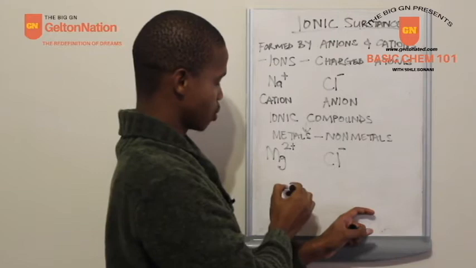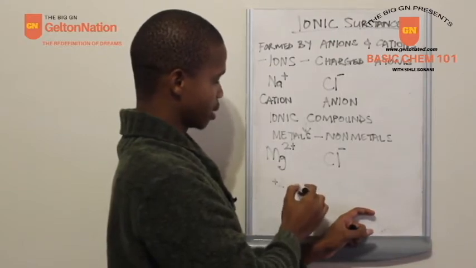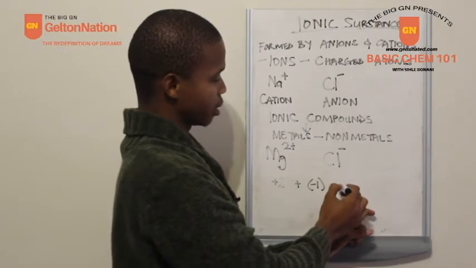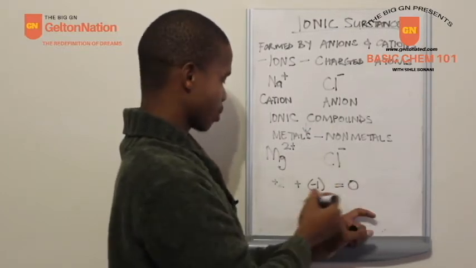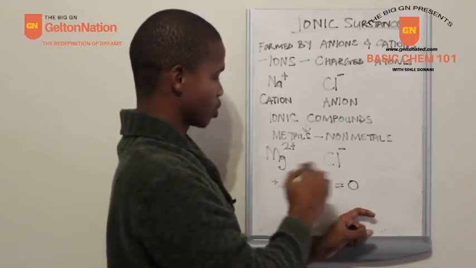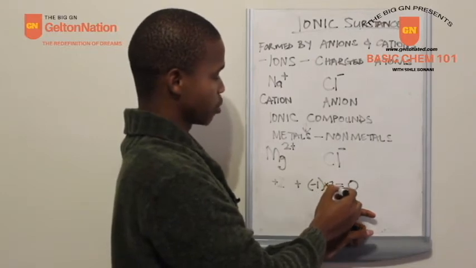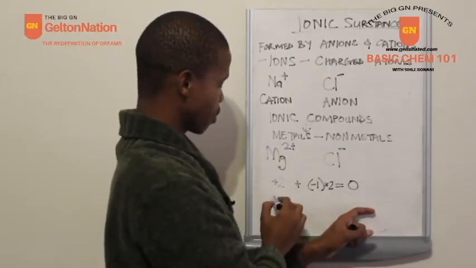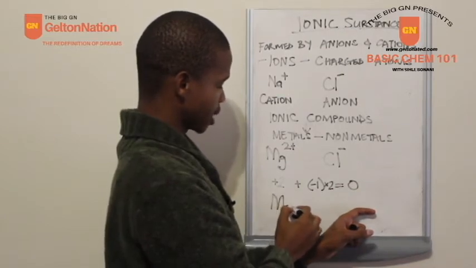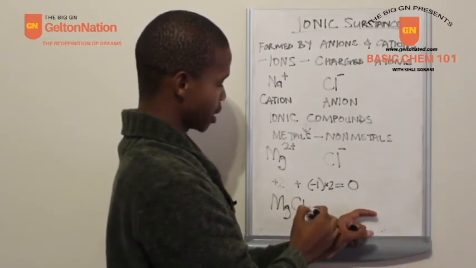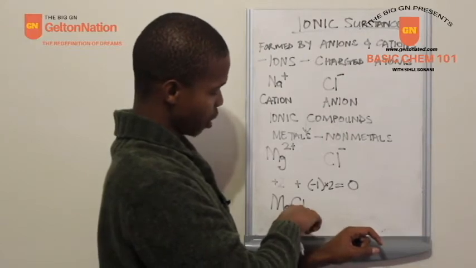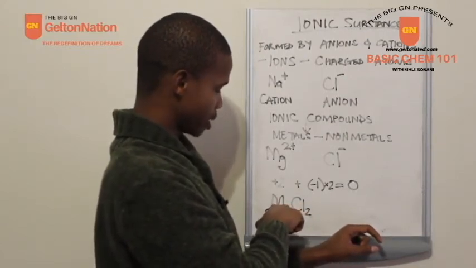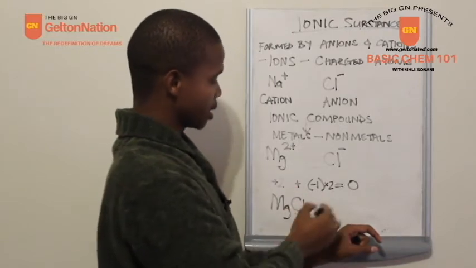So if this is 2 plus, when you add this -1, you should get a 0. So if this is 2, you should multiply this by 2, then you get a 0. So you're gonna have magnesium chloride. So you're gonna need 2 chlorine atoms to bond with magnesium to form magnesium chloride.